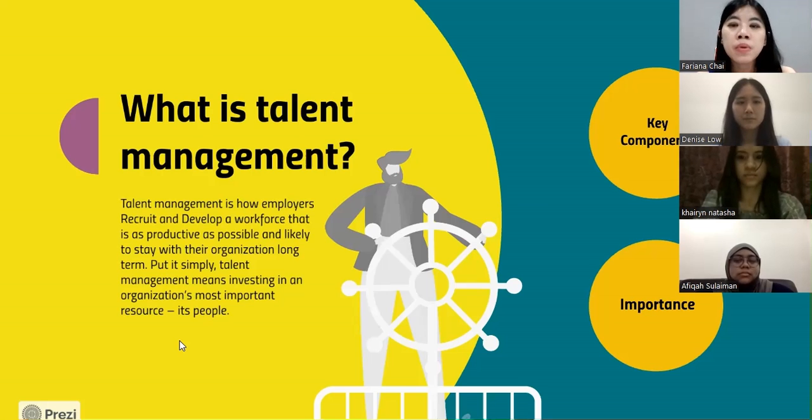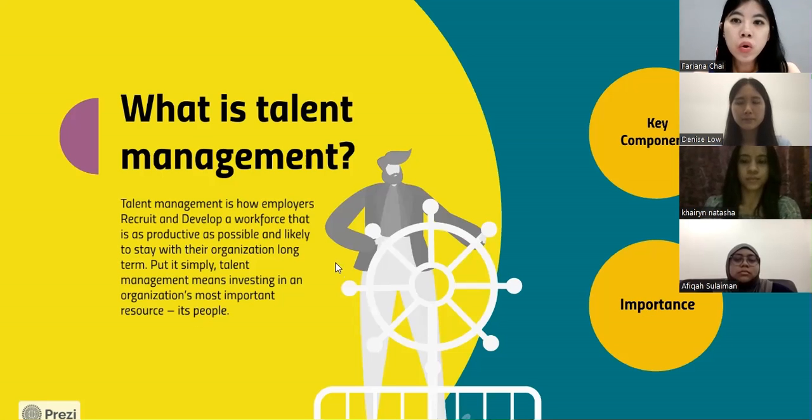The second example is during the COVID period, when most organizations transformed into an online working system. They had to recruit IT personnel who can create and manage a platform, and then train every employee on how to work together to keep up productivity.